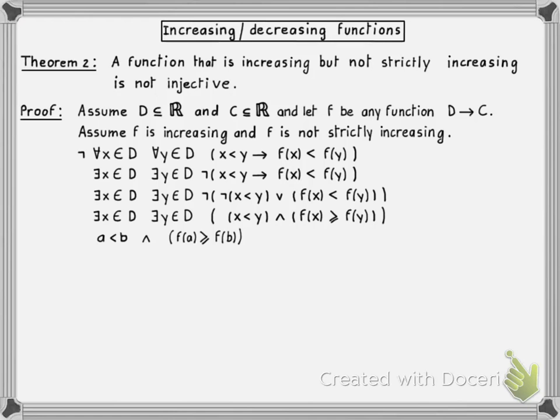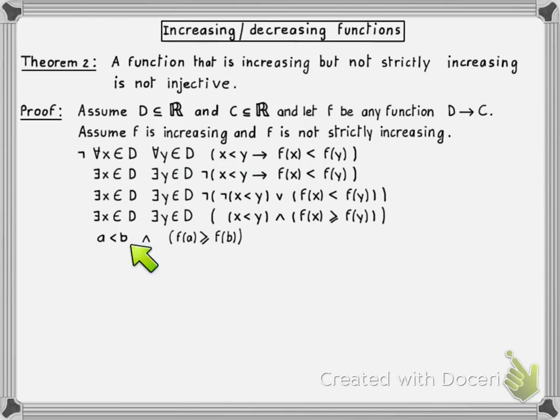Now, since this conjunction is true, we can infer, I'm not going to write it down in this informal proof, that both this proposition is true and that proposition is true. And in particular, I'm going to use this proposition first together with the assumption that f is increasing, which we haven't used yet, to infer the fact that, so what can I infer?